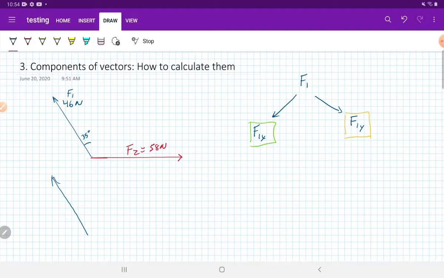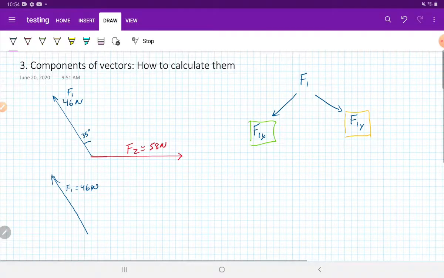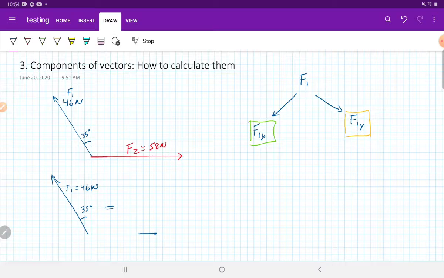Okay, so I have my force 1 equal to 46 newtons, and we said that it's at 35 degrees. So what am I doing? I'm basically going to break this apart into a force 1 in the x direction. Actually, we said we'd do green, right? So green, a force 1 in the x direction, and I'm estimating how long it would be.